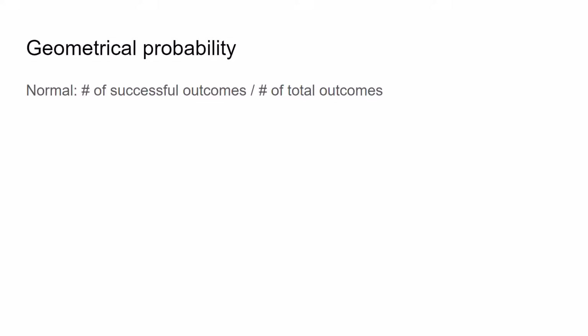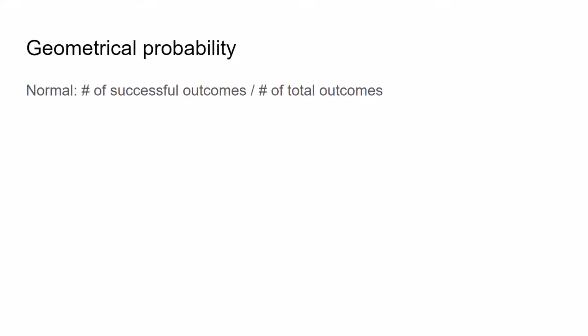When we are finding normal probability, we usually find the number of successful outcomes and divide that by the number of total outcomes. This works really well most of the time, but when there are, for example, infinite possible outcomes, then the usual method will not work.